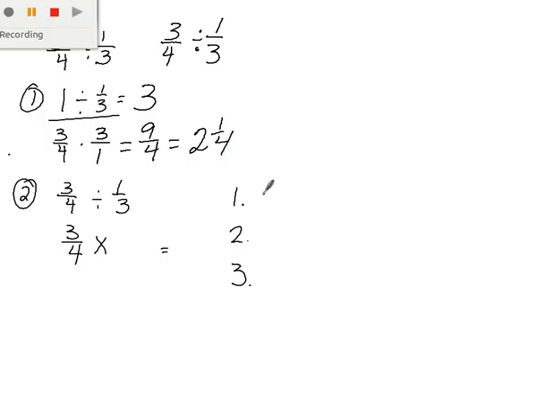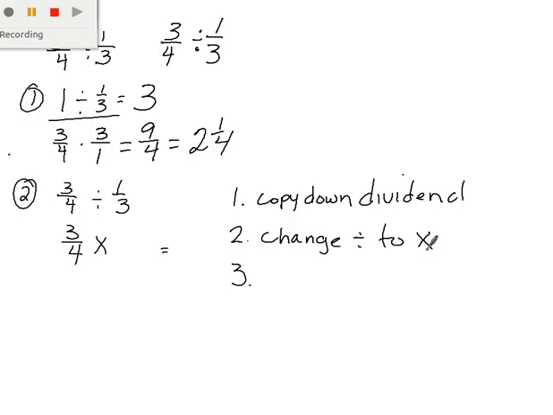The process that we learned for division of fractions is this process here. The first step would be to copy down the dividend, not the divisor. The second step is change the division sign to a multiplication sign.